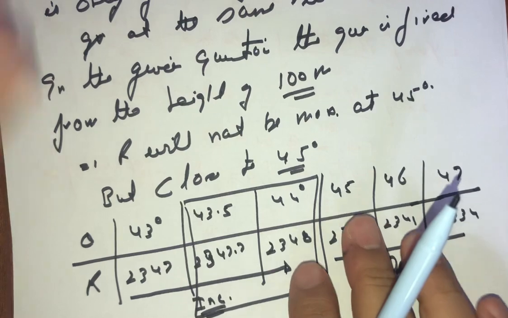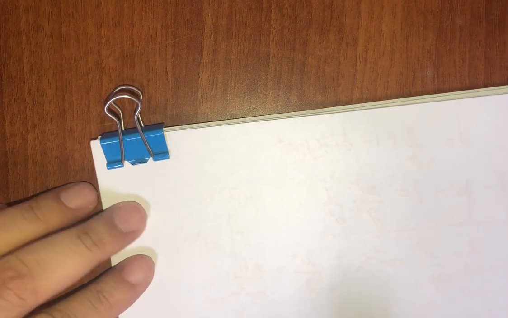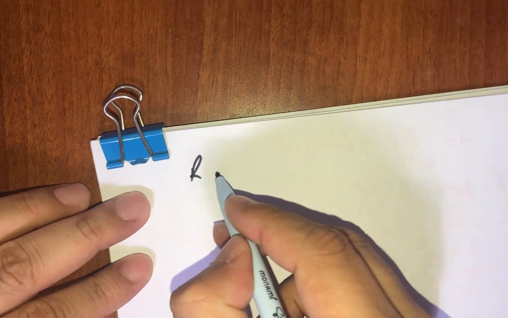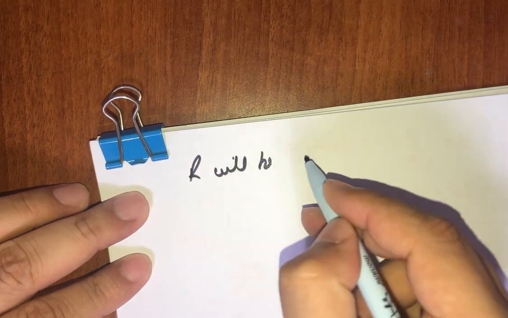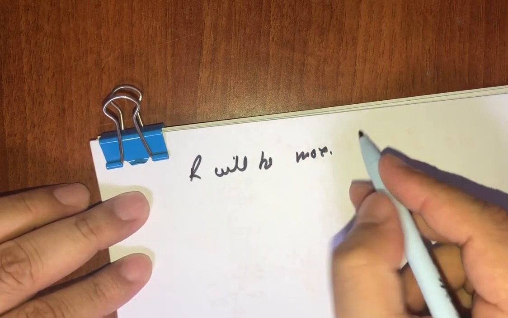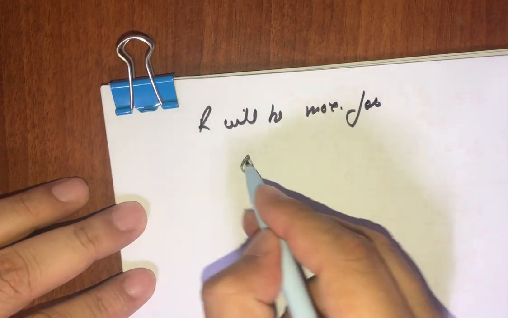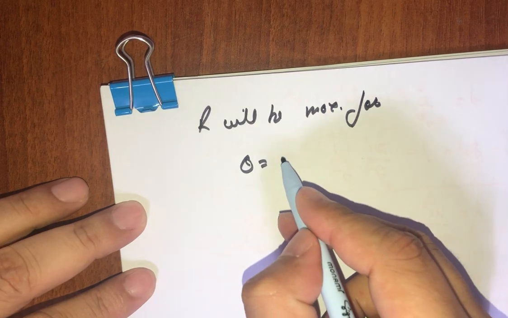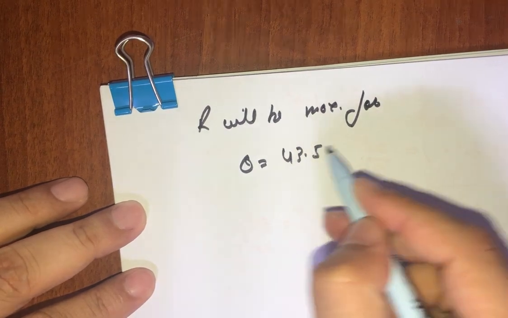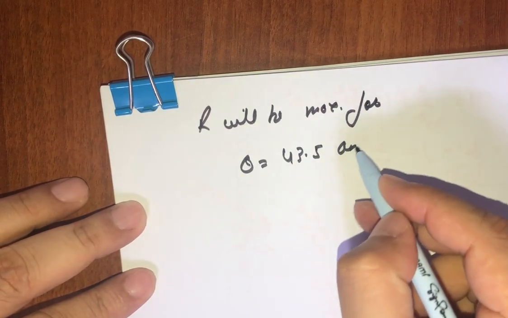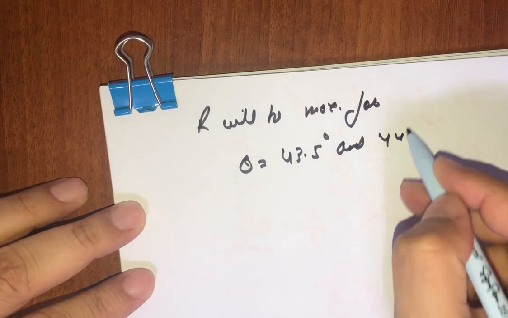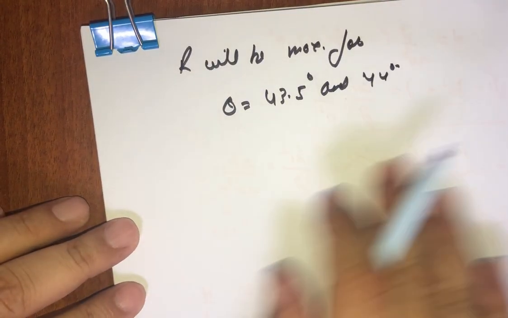So in order to find the maximum value, R will be maximum for theta between 43.5 degrees and 44 degrees. So what we do is find their mean.